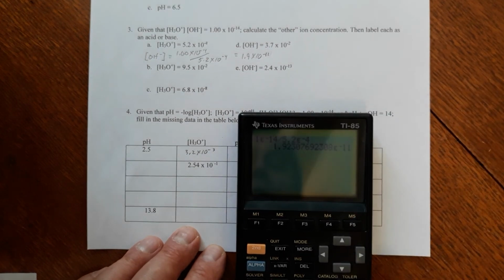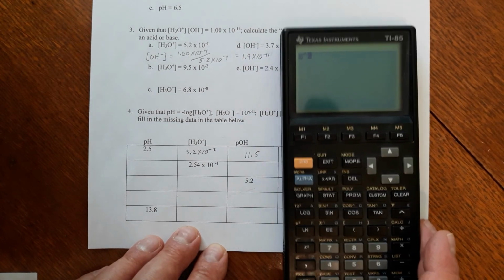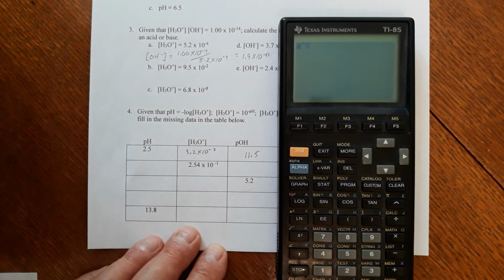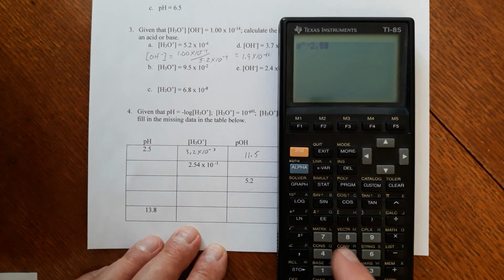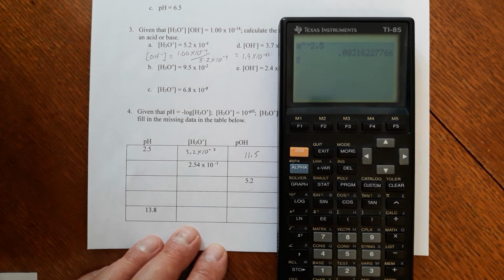With this calculator, I can put it in directly. Second log, negative 2.5. And that's just the standard notation for this in scientific notation.